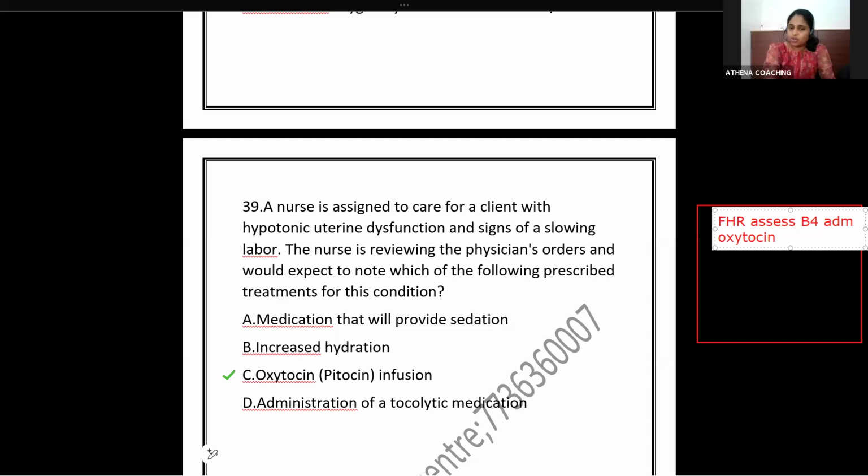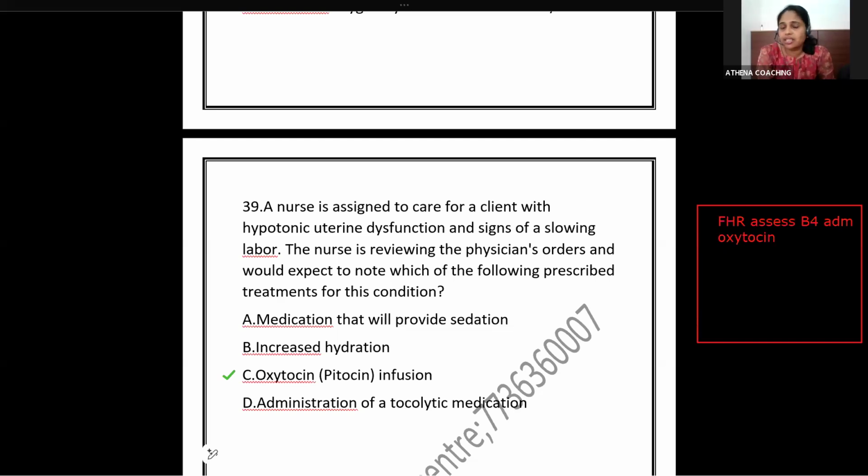Because oxytocin always causes increased uterine contraction, and as I already said, contraction causes changes in fetal heart rate. So we should have a proper idea of what is happening. Before administering oxytocin, you should assess fetal heart rate. Why is oxytocin given? Oxytocin always increases uterine contraction to enhance normal labor.